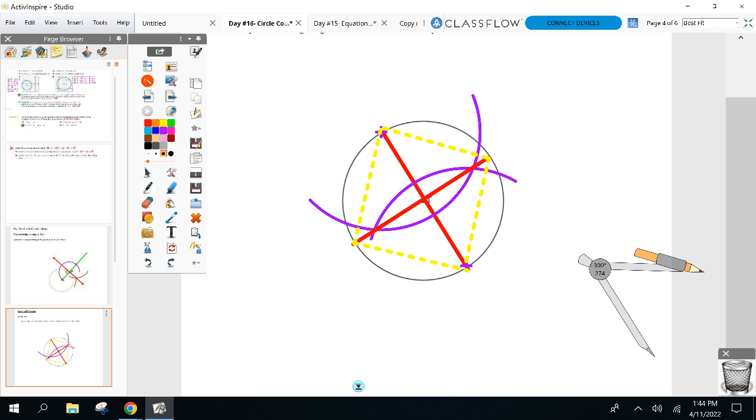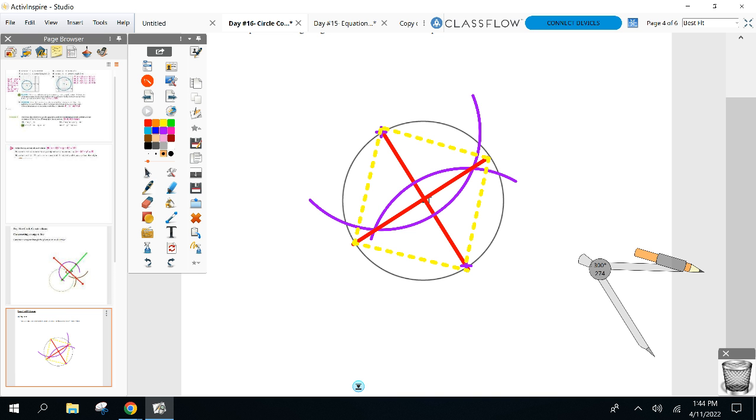So you need 4 congruent arcs. I'm not done with you yet on the square.